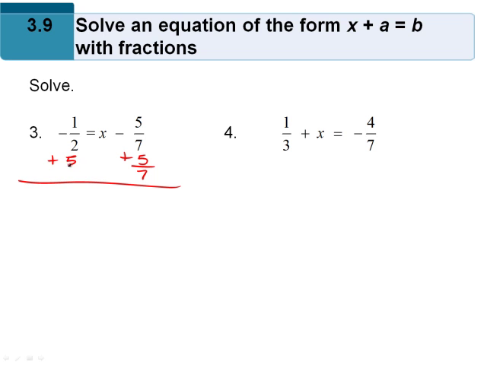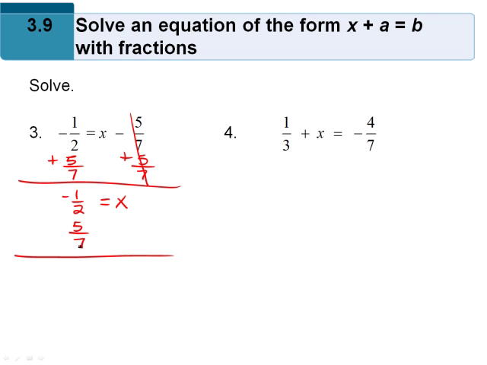The 5/7 on the right cancels, and we have x. Now I have negative 1/2 plus 5/7, so I'm going to do the common denominators out to the left. I know we normally did them to the right, but that's the only place I have room.